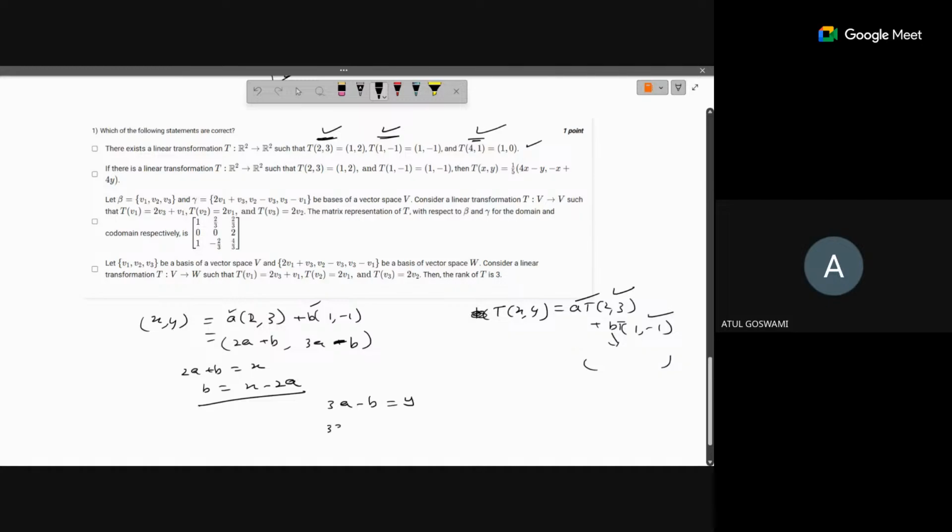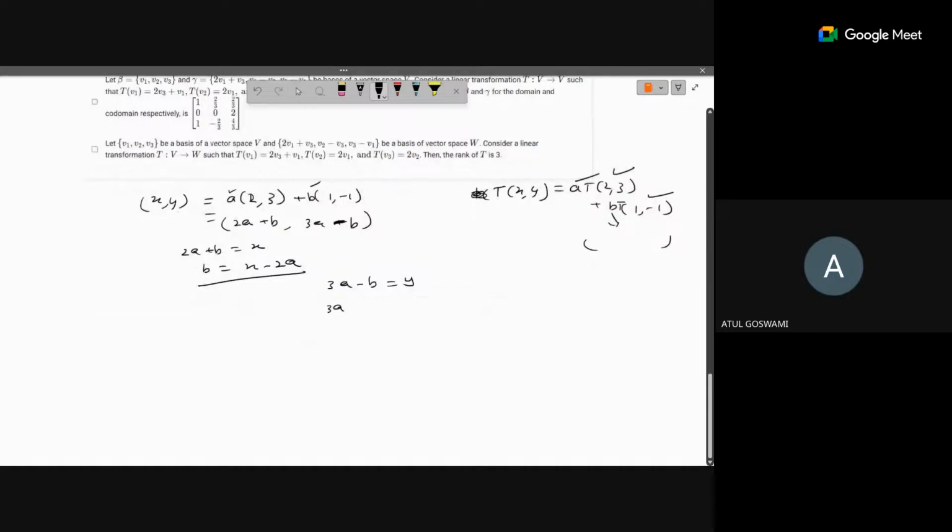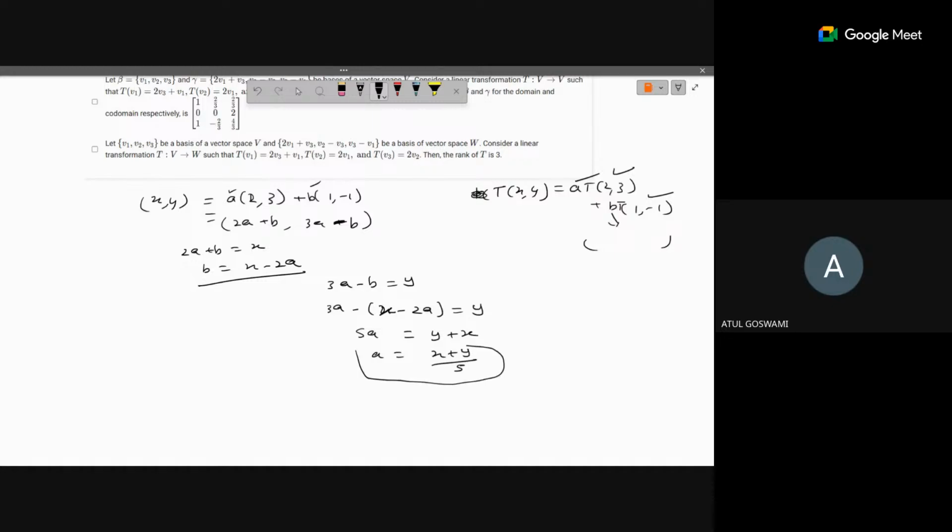In place of b, I write x minus 2a, so I get 3a plus 2a, that is 5a, equals y plus x. So a is equal to (x plus y) upon 5. This is a.